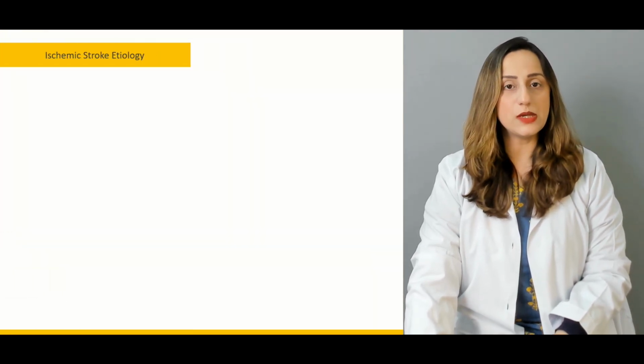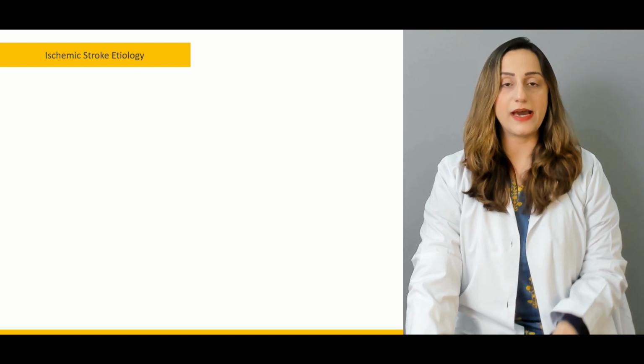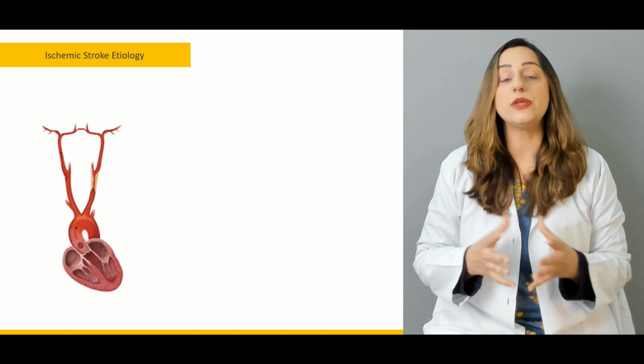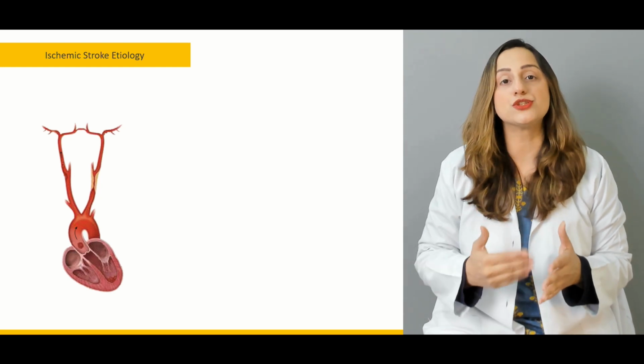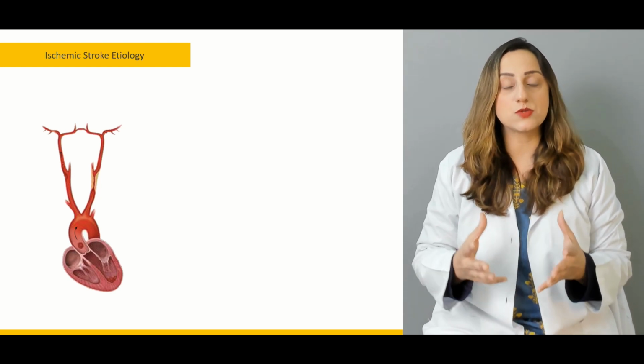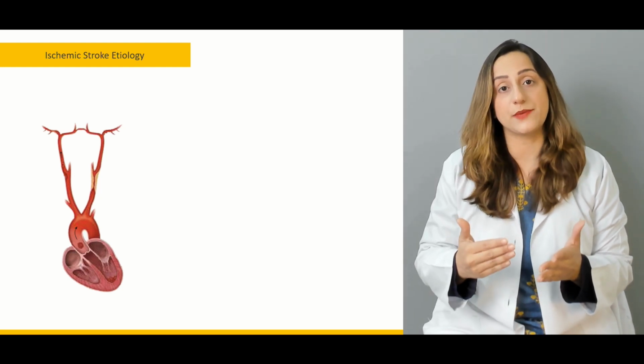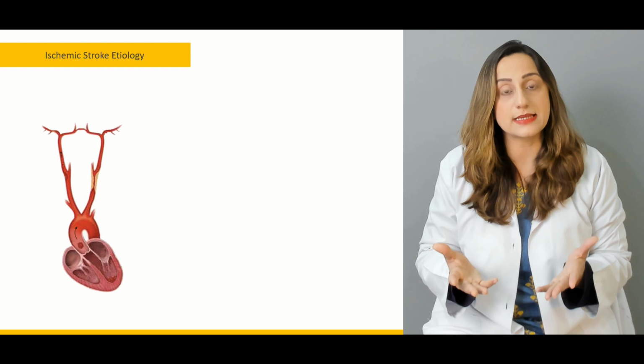When you look for the factors of ischemic stroke, why is it important to look for these factors? Why is it important to investigate what caused the ischemic stroke in the very first place?